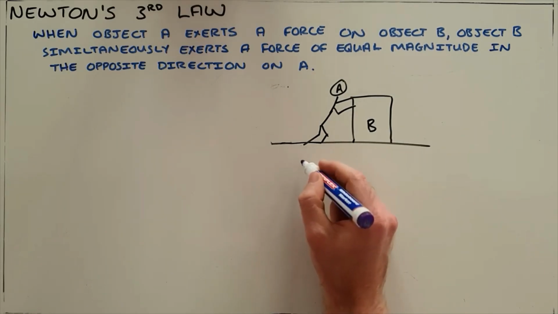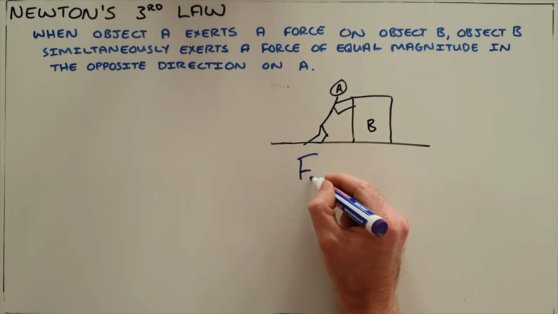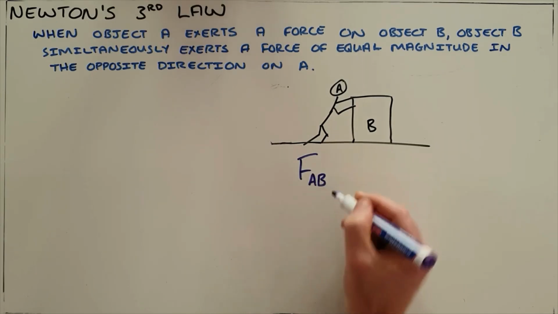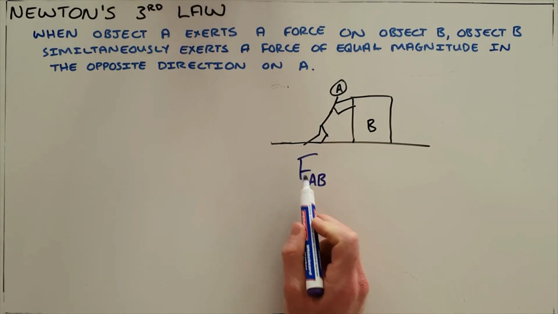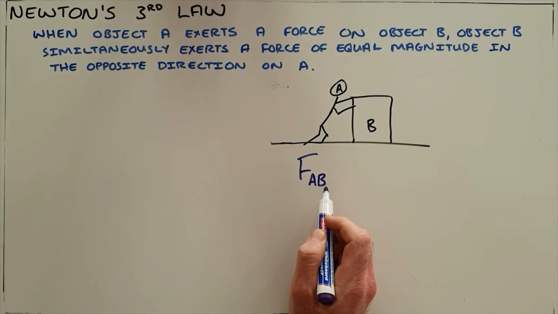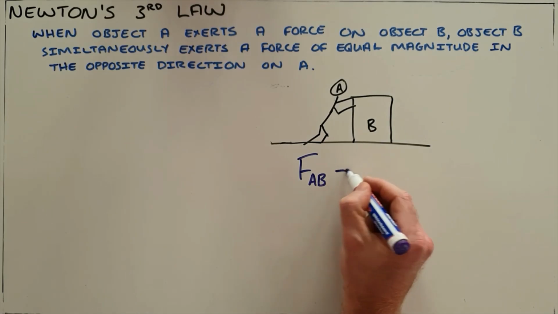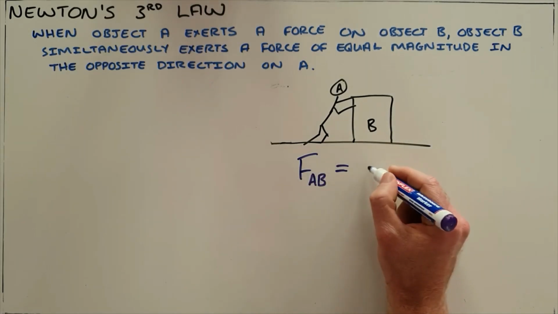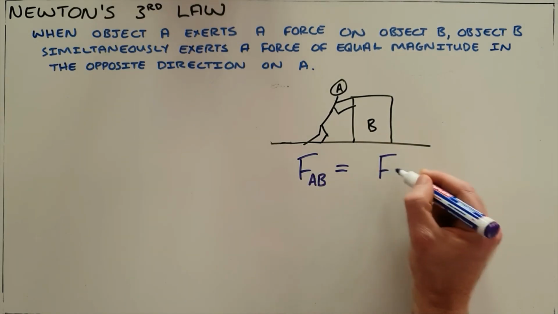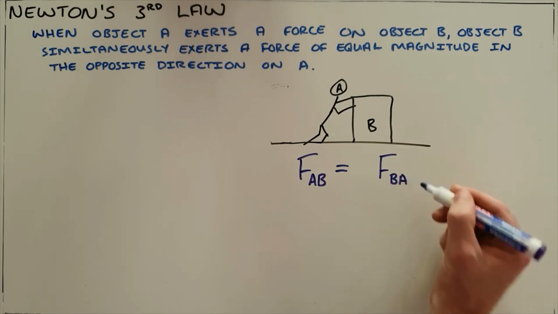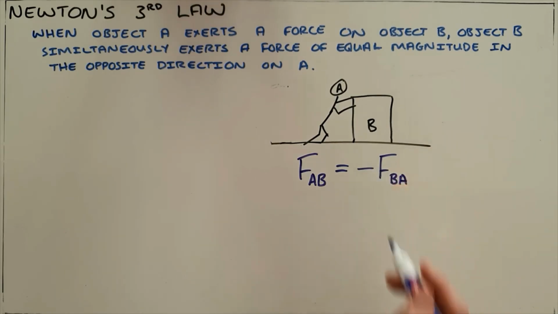And the way we can write this is, when we write FAB, what that means is the force that A exerts on B. And by Newton's third law, the force that A exerts on B is exactly equal to the force that B exerts on A, but in the opposite direction, hence the negative sign.